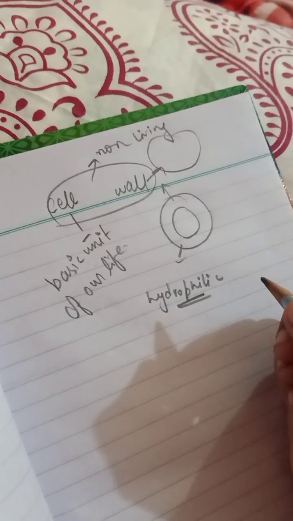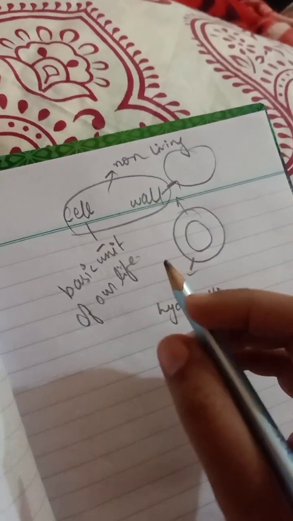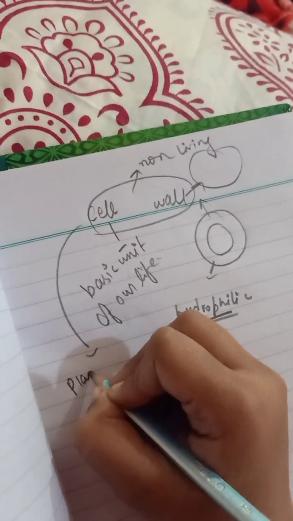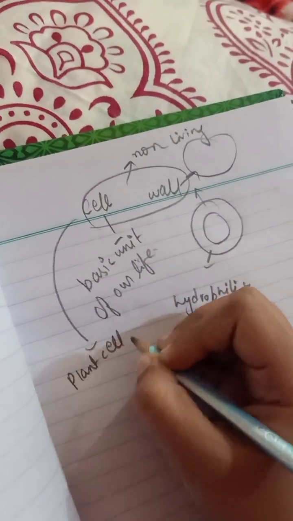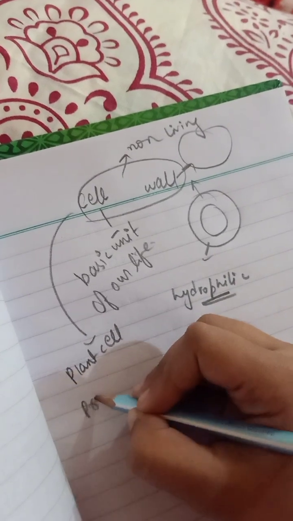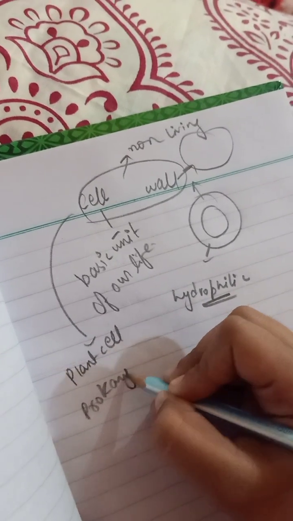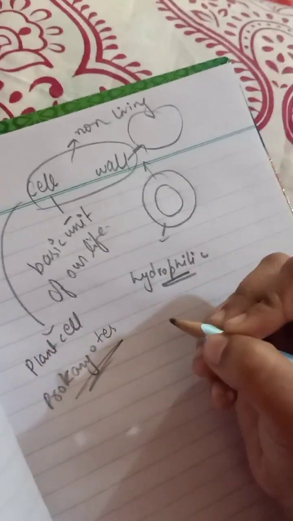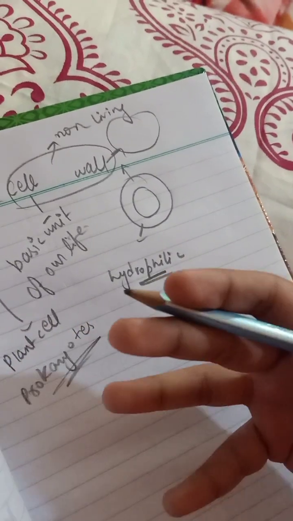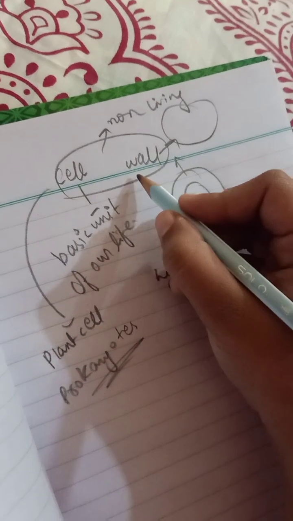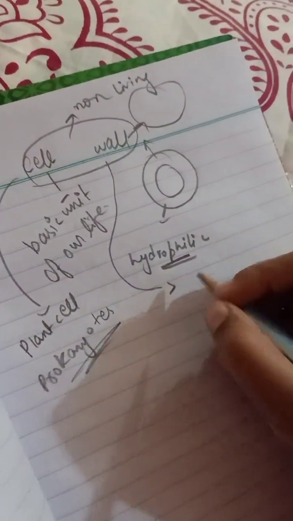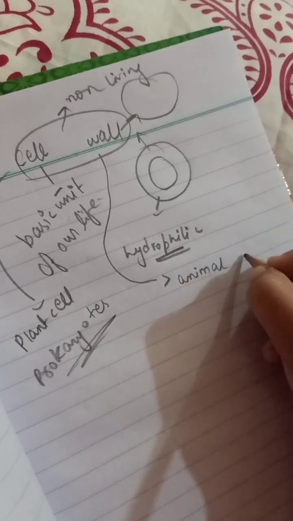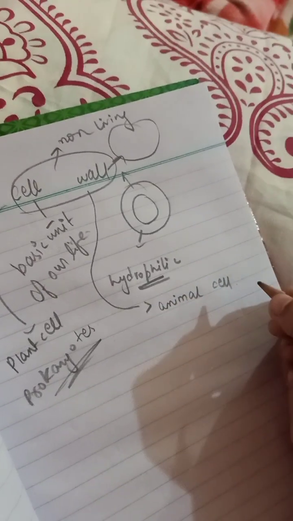Hydrophilic. Okay, so the cell wall is present in plant cells, prokaryotes like bacteria and cyanobacteria, and fungi. But the main point is that it is absent in the animal cell. Why?